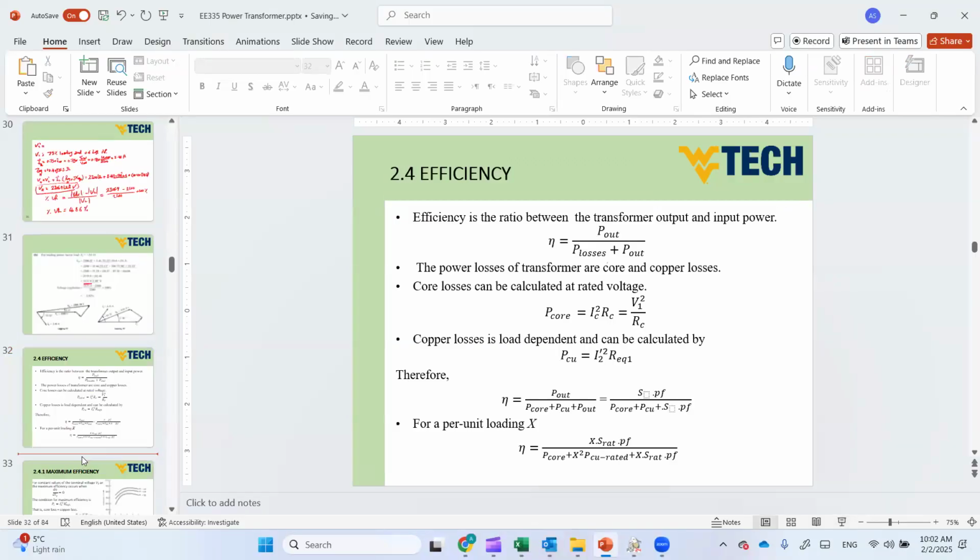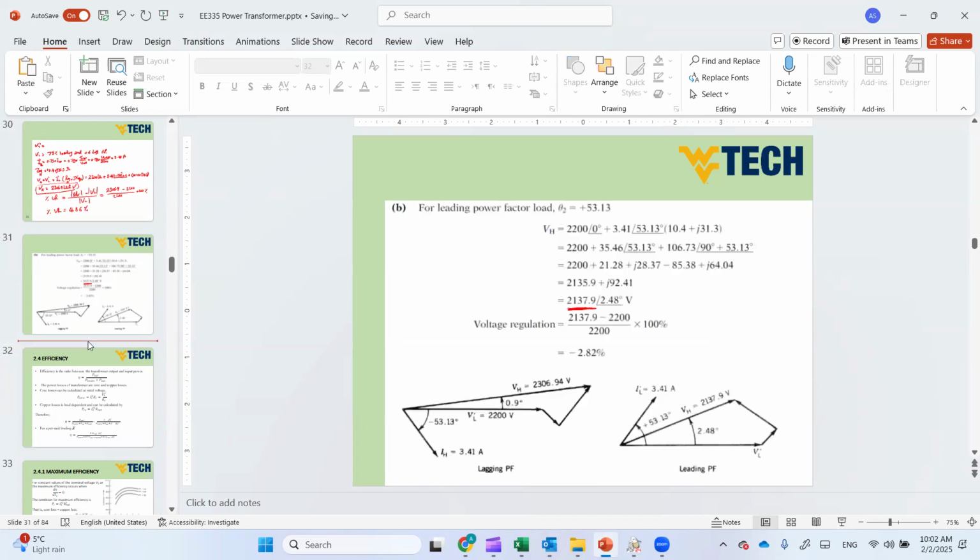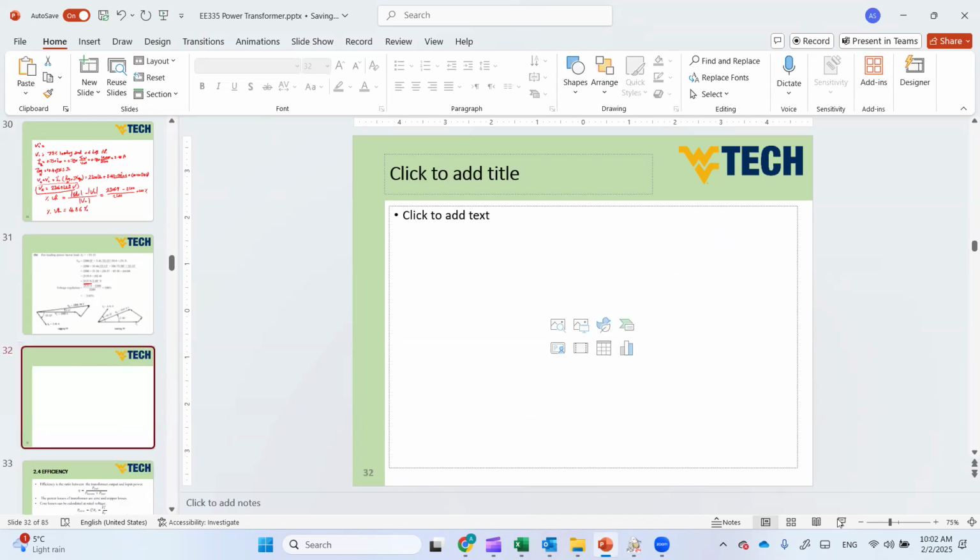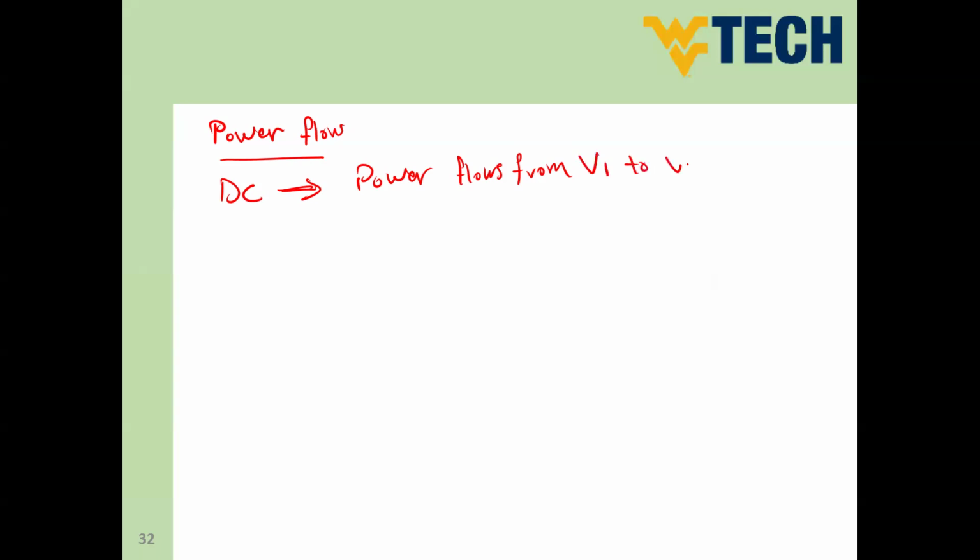This is very important, guys, the concept of power flow. Regarding the power flow, in DC, power flows from V1 to V2 if V1 is greater than V2. However, this is not a condition in AC.